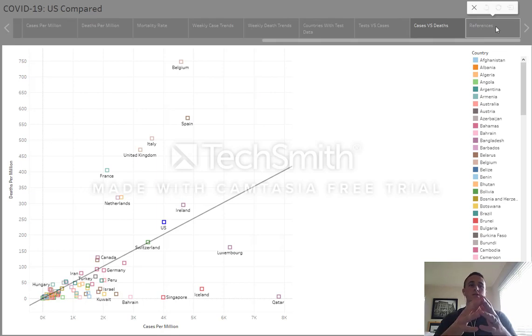So I think from looking at this, we can see that the US, although our numbers are very high in a lot of areas, they're not necessarily off of what the global average is. So I don't think we are doing terribly bad like the media likes to make it look, but we're not trending as one of the best.